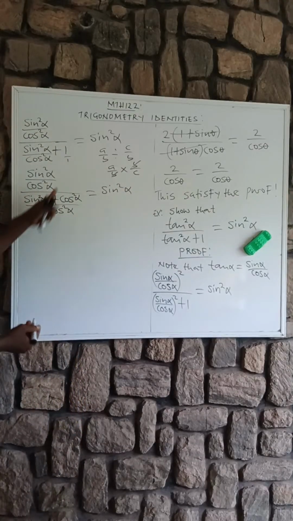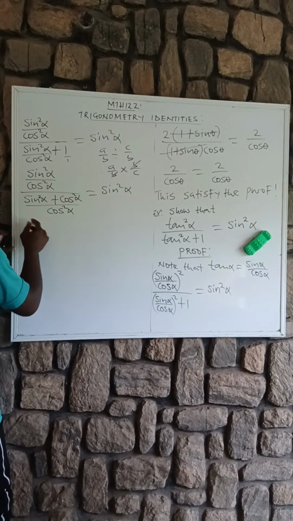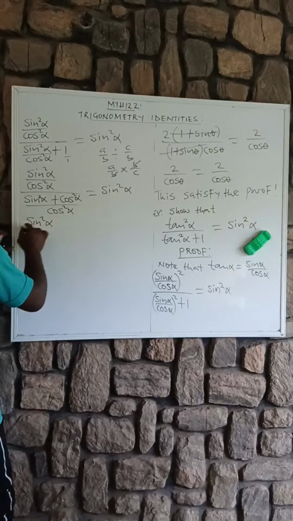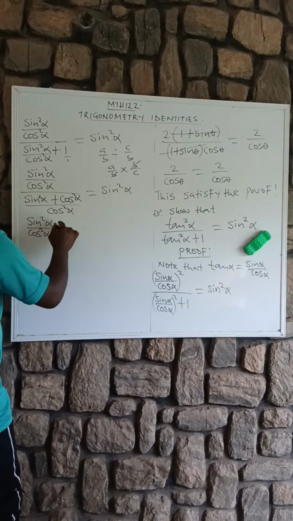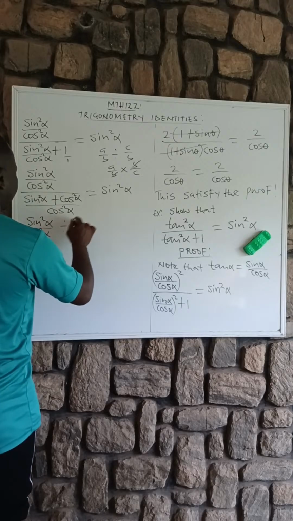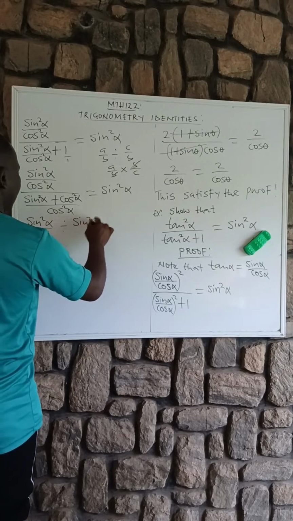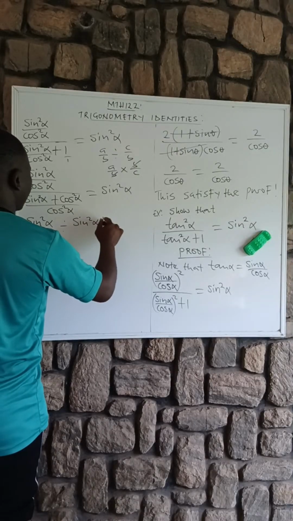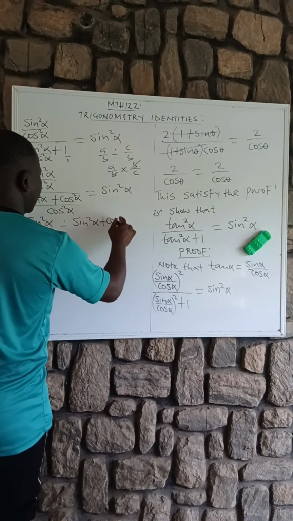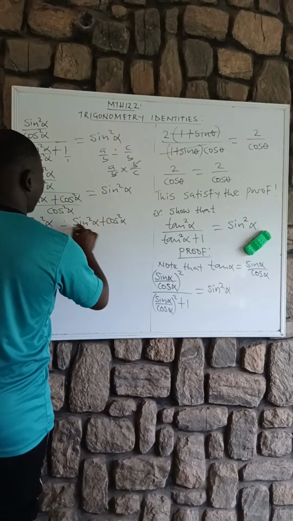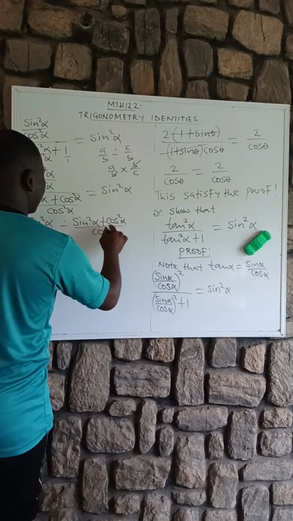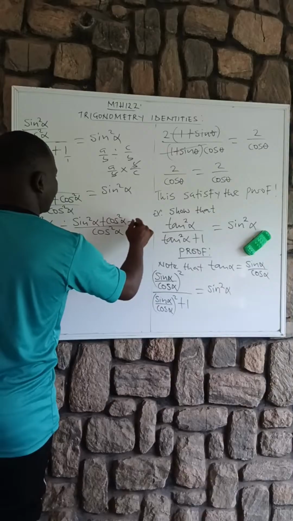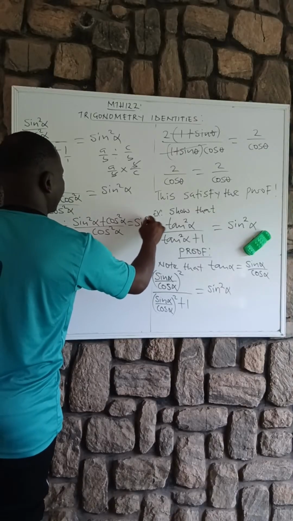So here will now be sin square alpha all over cos square alpha divide sin square alpha plus cos square alpha all over cos square alpha equals to sin square alpha.